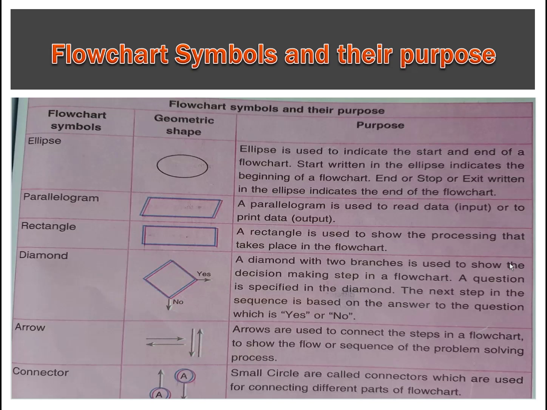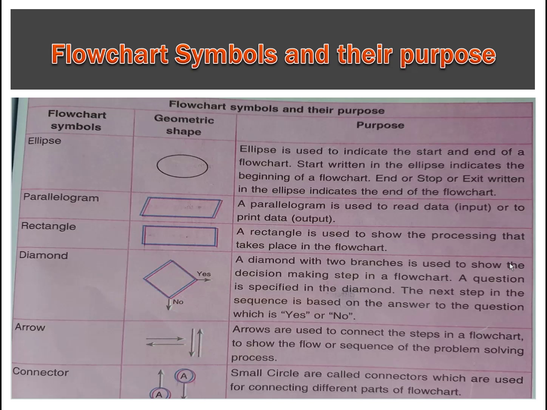Second is parallelogram. A parallelogram is used to read data or to print data. Next is rectangle. A rectangle is used to show the processing that takes place in the flowchart. Next is diamond.